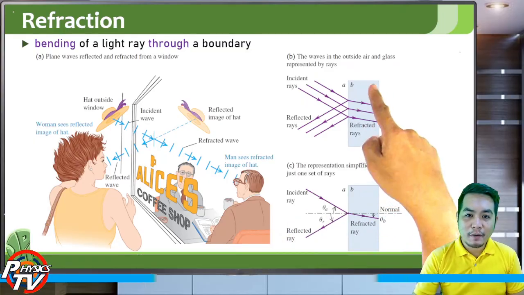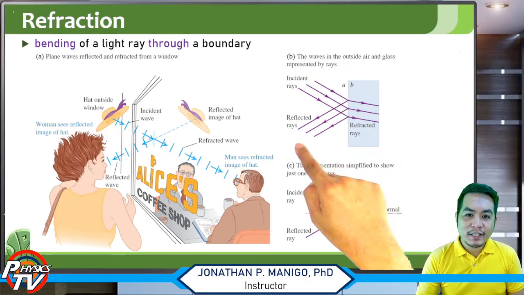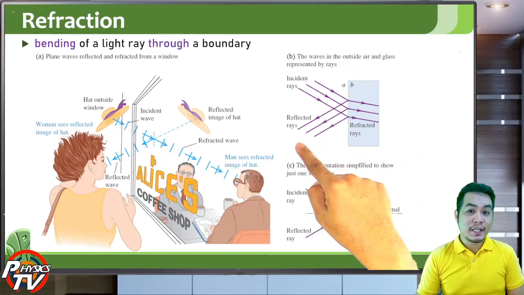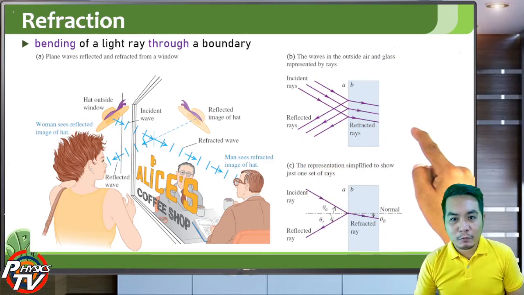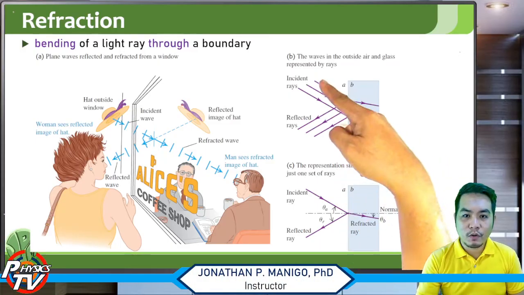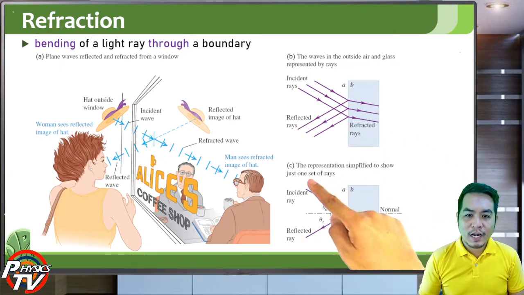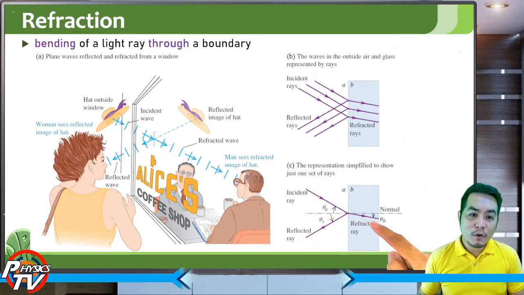If this is our boundary here, light can be reflected and simultaneously it can also be refracted. It will pass through the material, but it will be bent. So it's no longer in the same original direction. So light will be reflected and light will also be refracted.